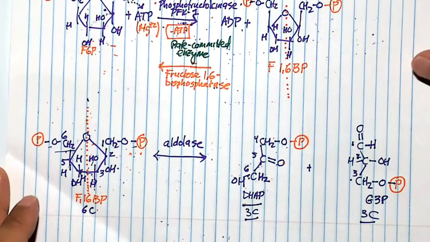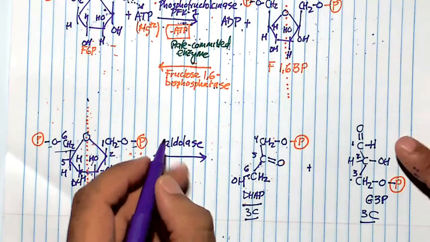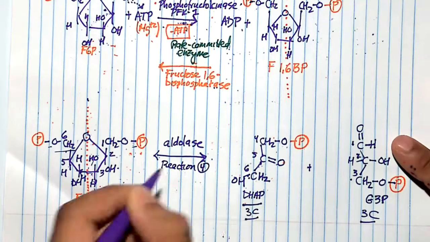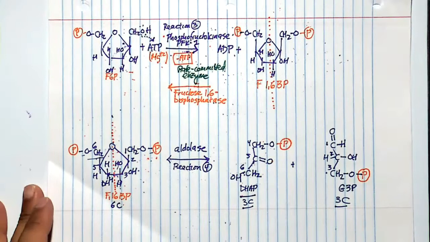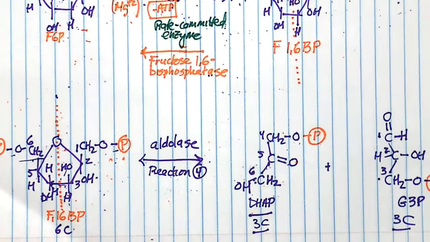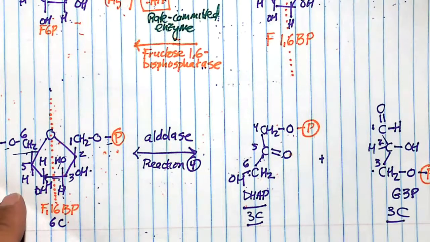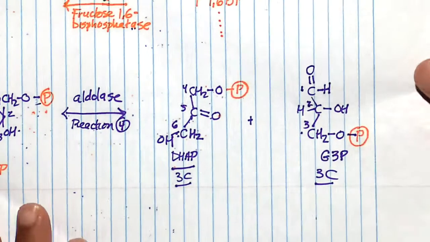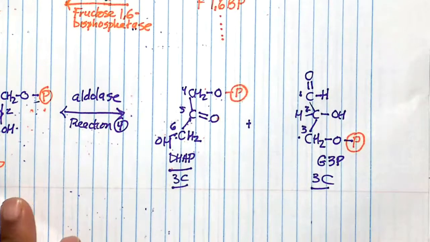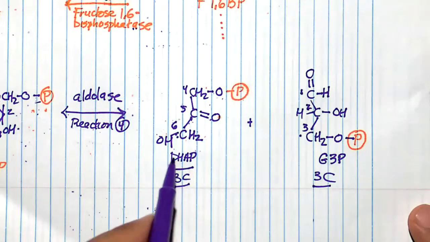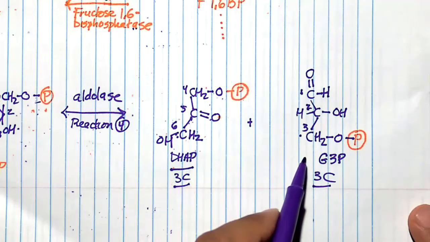So we still have 6 carbons. So this is reaction 4, and the reaction is catalyzed by the enzyme aldolase. Okay, dihydroxyacetone phosphate and glyceraldehyde 3-phosphate. Enzyme is aldolase. So now let's go to reaction 5 of glycolysis. Okay, so in reaction 5 of glycolysis, what we actually do is we take all of the dihydroxyacetone phosphate and convert it to glyceraldehyde 3-phosphate.